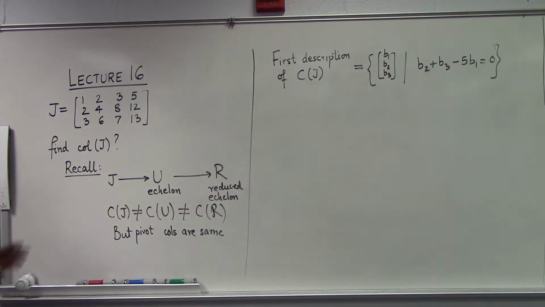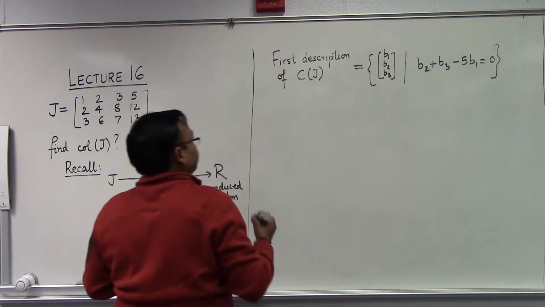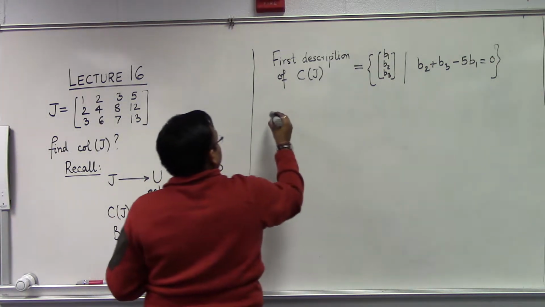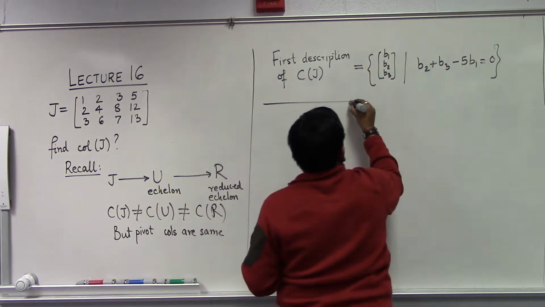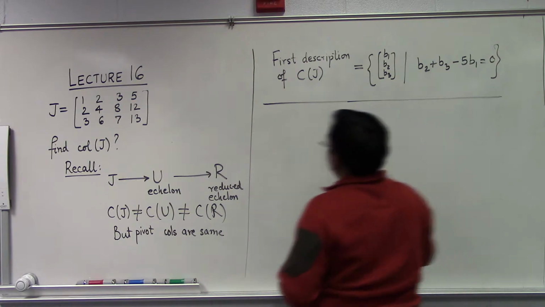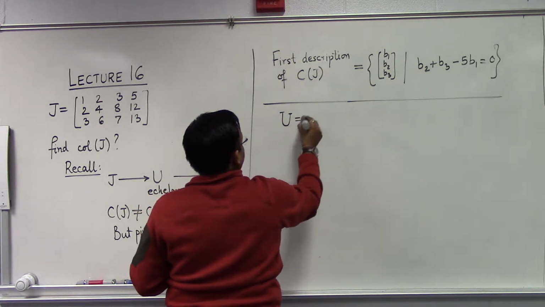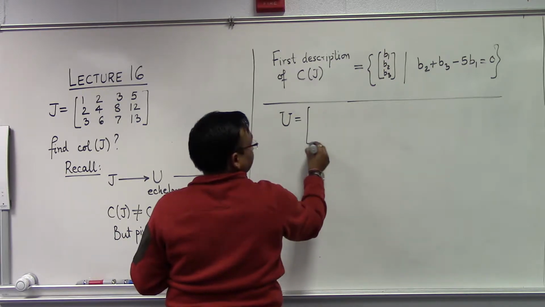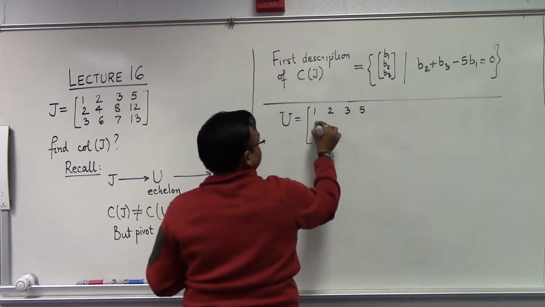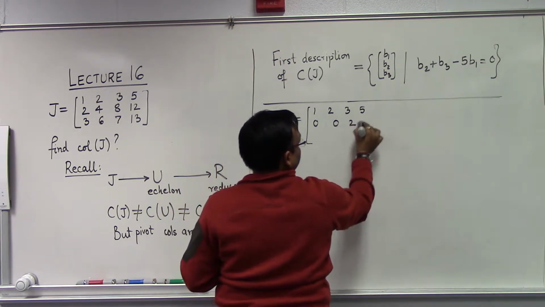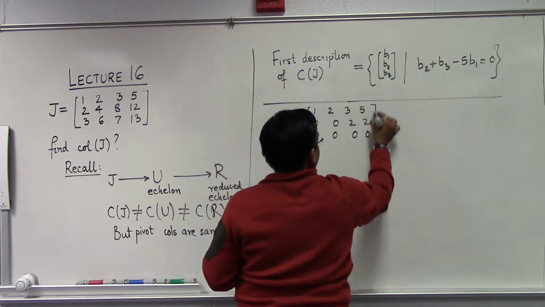Then we said we want to see if we can give alternate descriptions of it. So let's try to see an alternate description of the column space. For that, we need our matrix U. If you recall, we had reduced J to the following matrix, which was 1, 2, 3, 5, 0, 0, 2, 2, 0, 0, 0, 0.